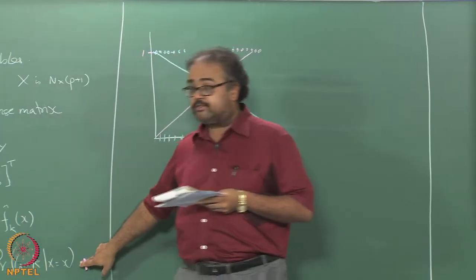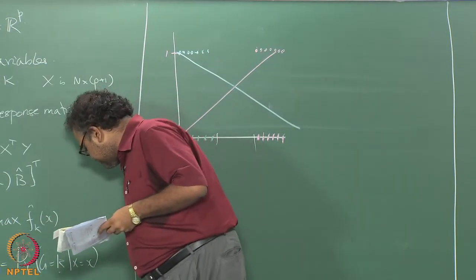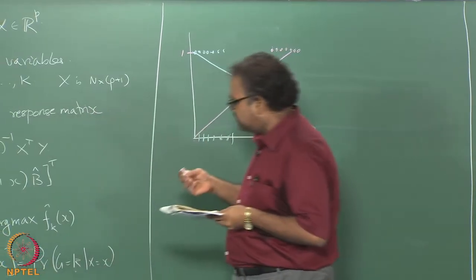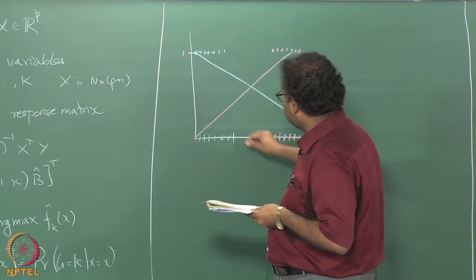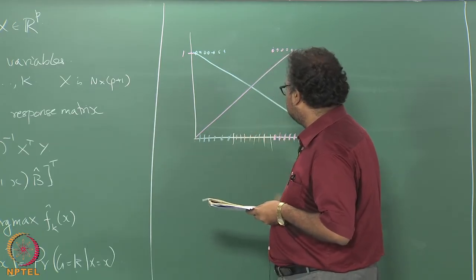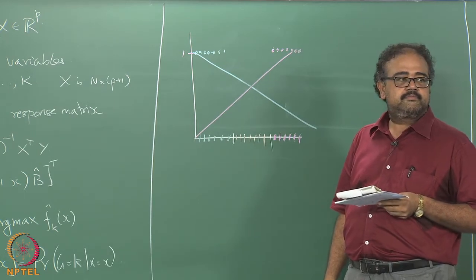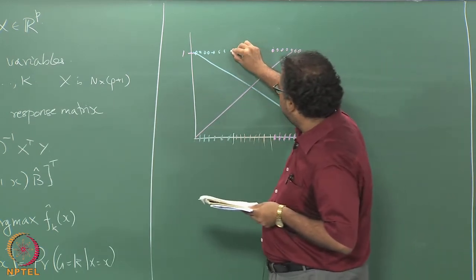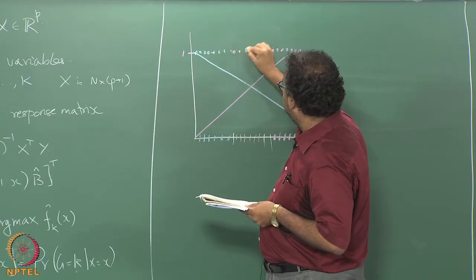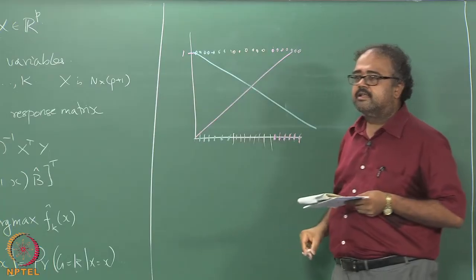So, this is what you would like to do, this is what I said, right, but you do not want to do this. Having said this, let us see how visible this color is. Suppose I have a third class that is sitting in the middle like this. So, the outputs for this will be somewhere there, right.